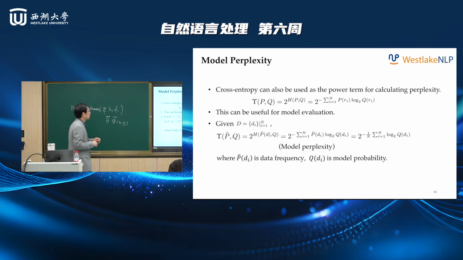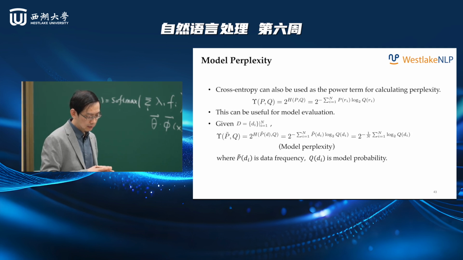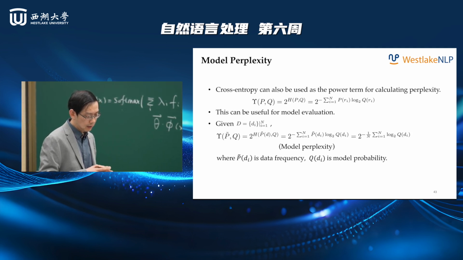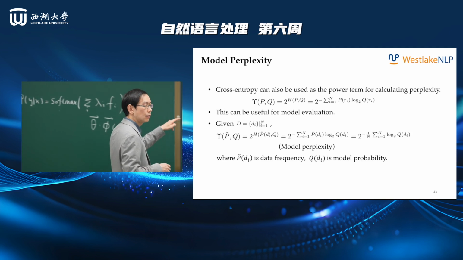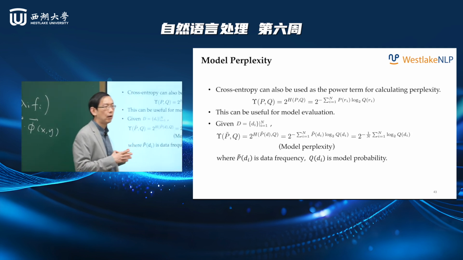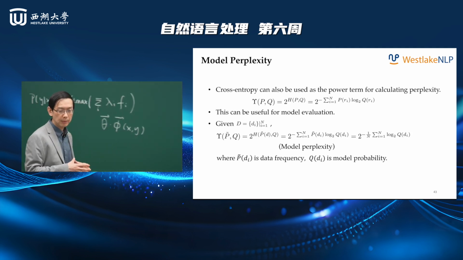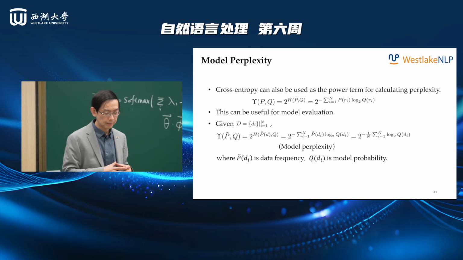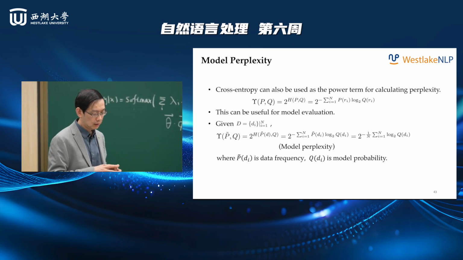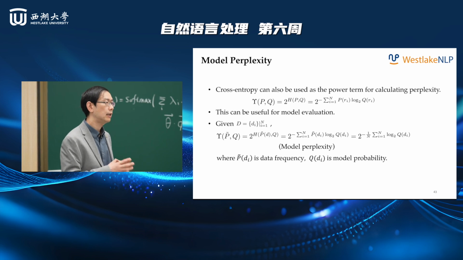Now let's turn this general form into a form between a data distribution or relative frequency and a model distribution. You get the cross entropy term in the power term. So it's 2 to the power of cross entropy between the data and the model.